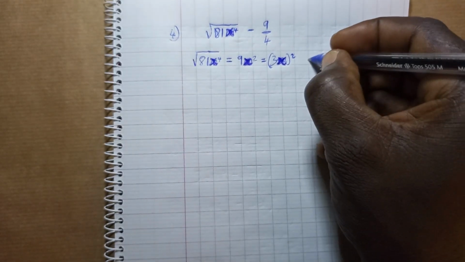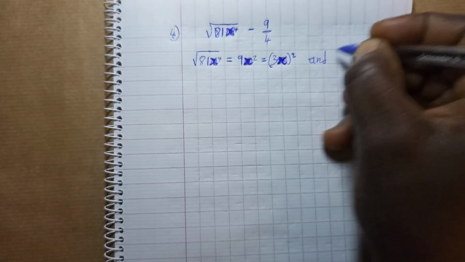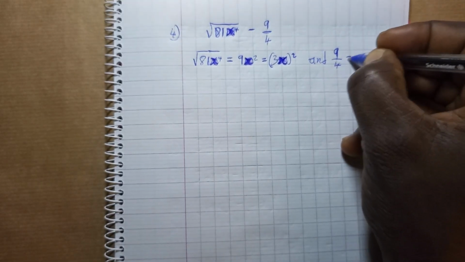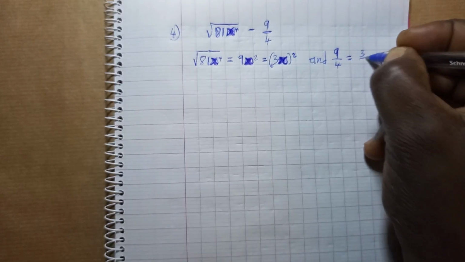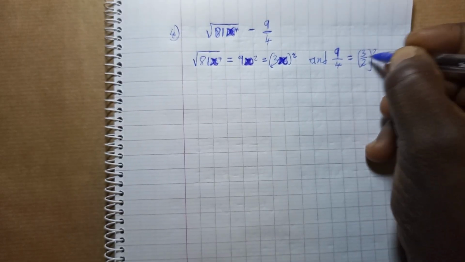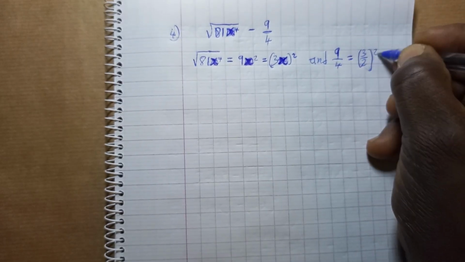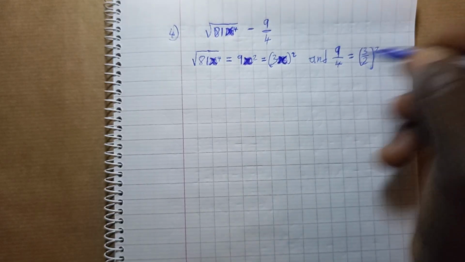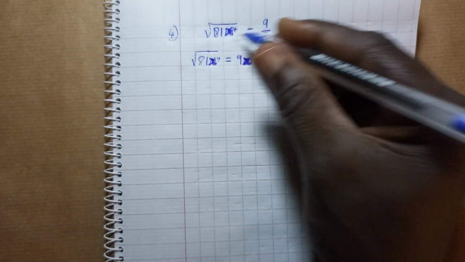And 9 over 4 can be written as 3 over 2 square. Now this one and this one, I want to express it in this way.